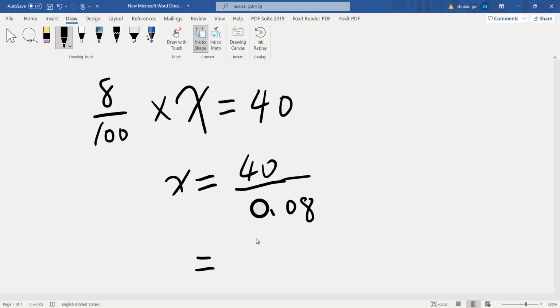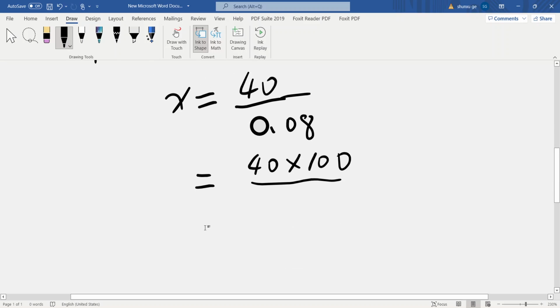Okay, we solve this: 40 times 100, and this 0.08 times 100.